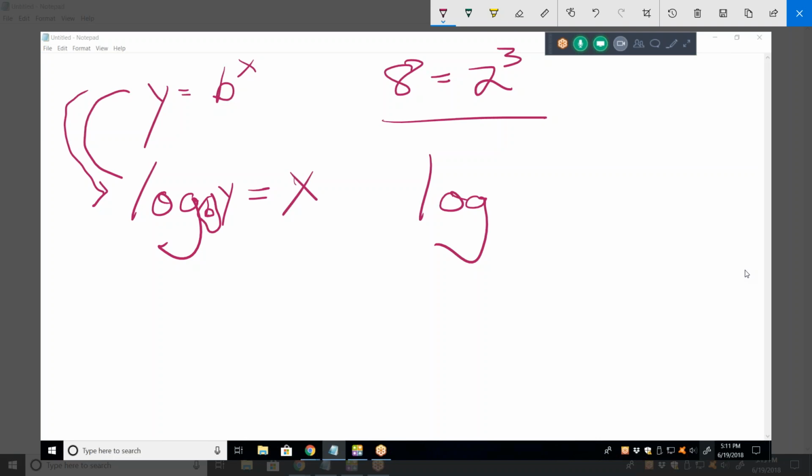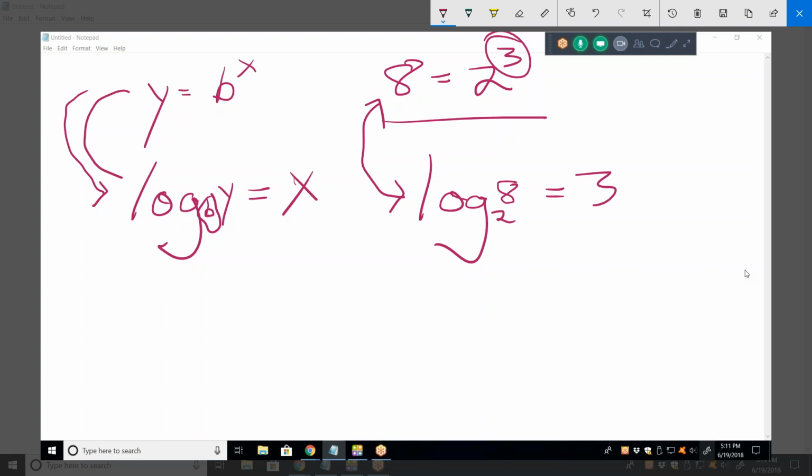Okay, b would be 2. Okay, so we're going to put a 2 down there. What's x? Remember, logs are exponents. There's only one exponent. What's the exponent? So that'll be 3. Okay, and the only other number is the 8. So that is the equivalent expression.